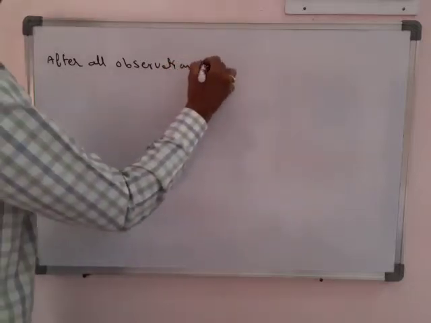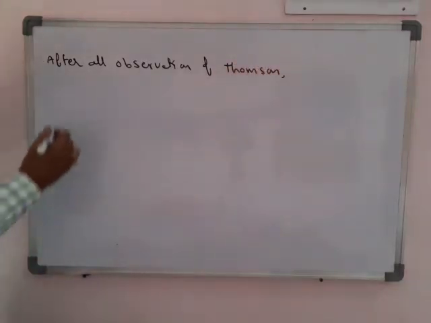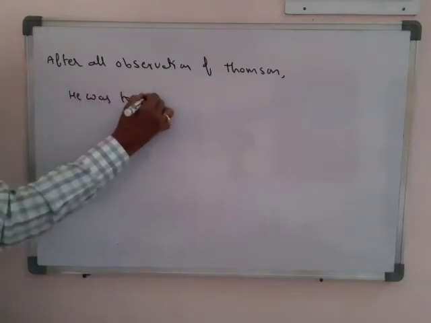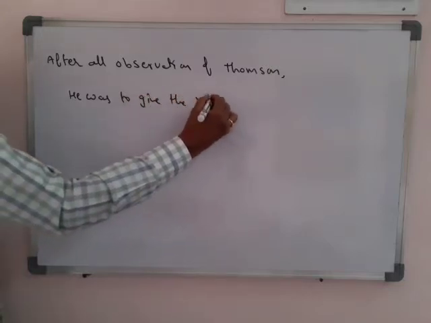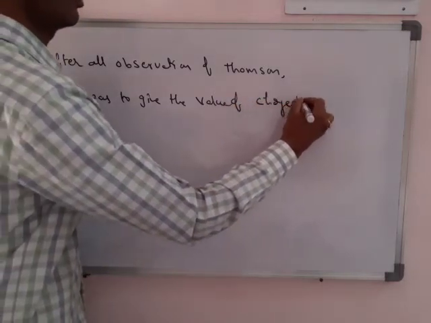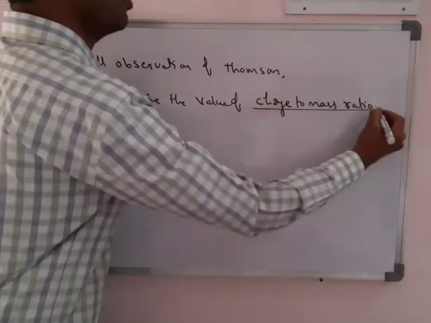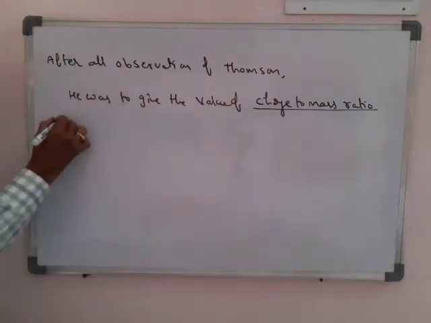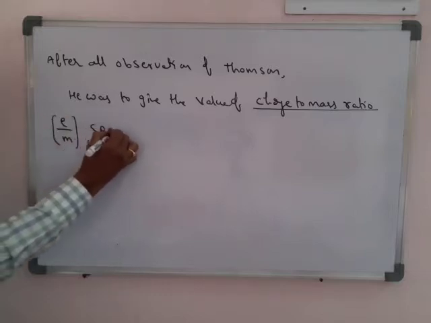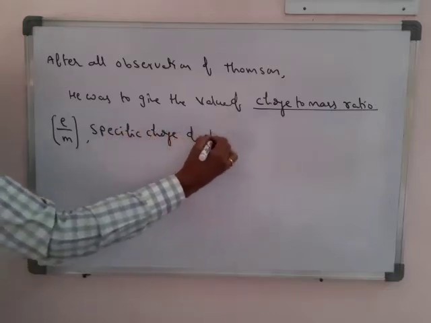After all observations of Thomson, he was able to give the value of charge to mass ratio, that is known as e by m, or it is also known as the specific charge of electrons.